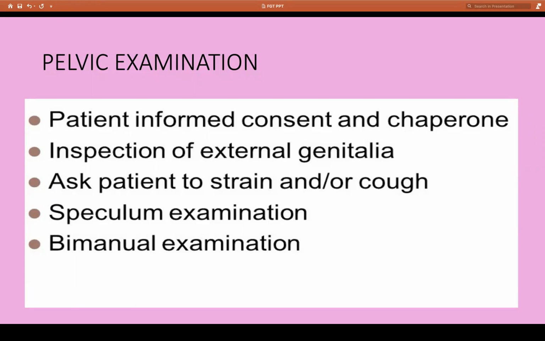Examination starts with inspection of external genitalia. Ask the patient to strain or cough to demonstrate any incontinence, if she has any complaint, is an older patient, or has any prolapse. Then we proceed to speculum examination according to need, and bimanual or digital examination.